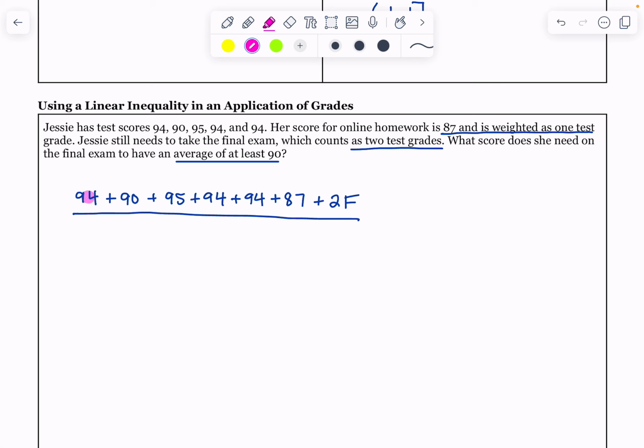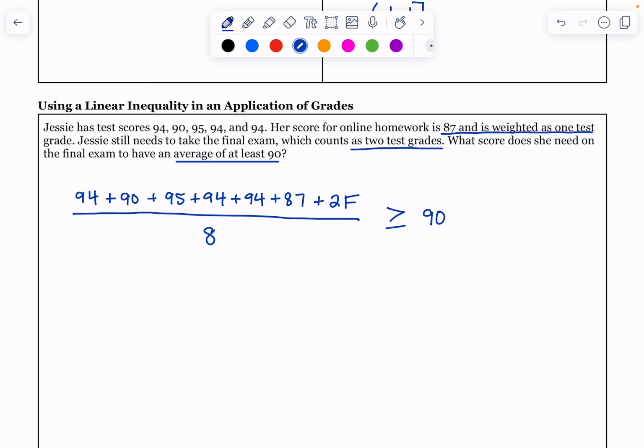Now here we've got 1, 2, 3, 4, 5, 6, 7 test grades, and so we are going to divide by 7. And we want this to be, actually we're going to divide by 8 because of the 2F. We want this to be at least, so greater than or equal to 90.